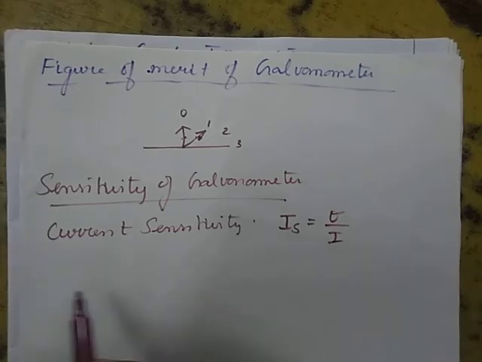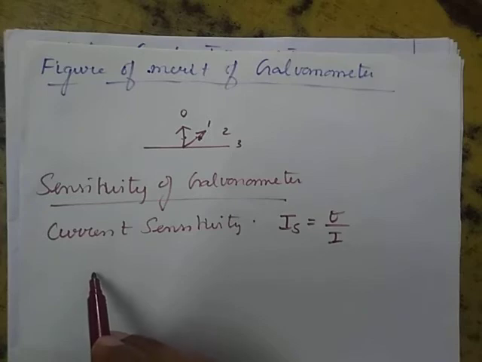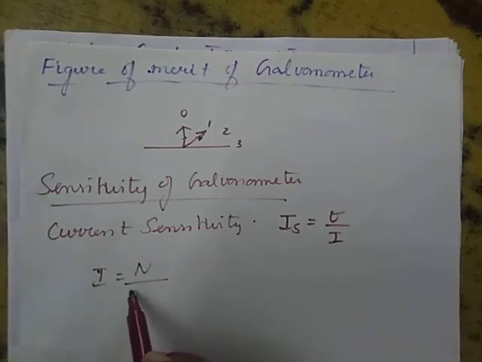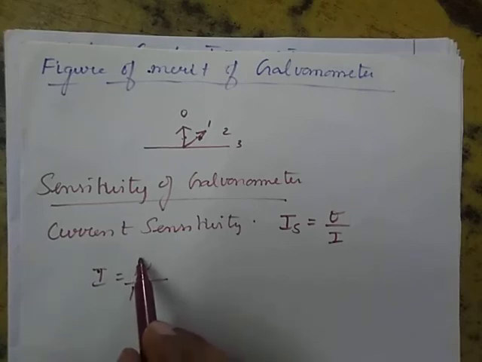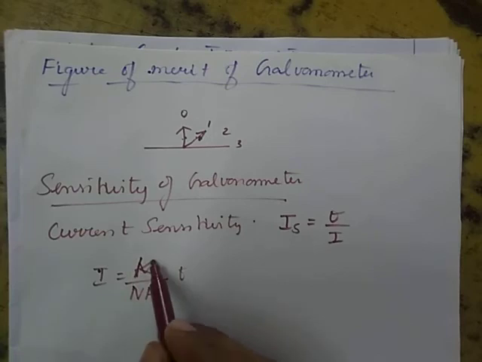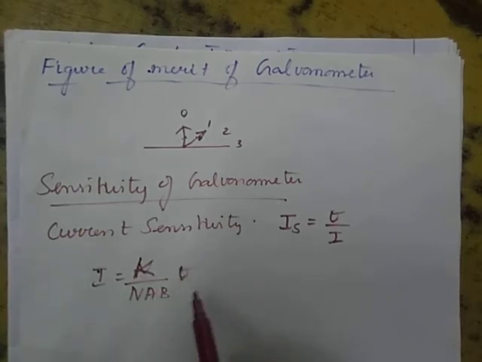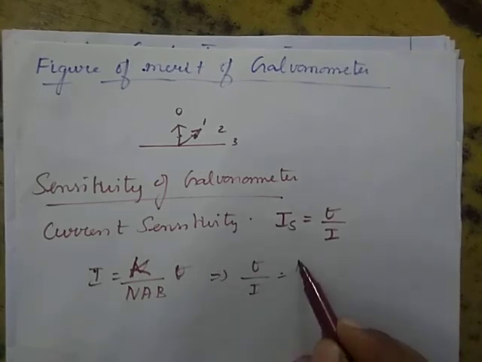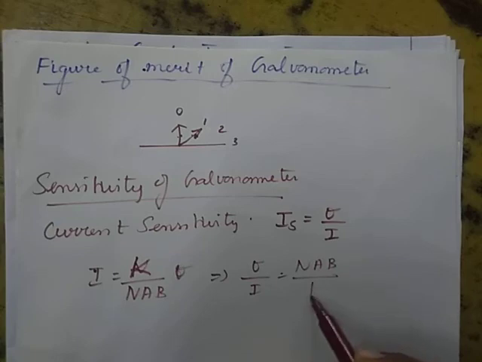We know very well that I is equal to kappa by N A B, times theta. Rearranging this, we get theta by I is equal to N A B by kappa.